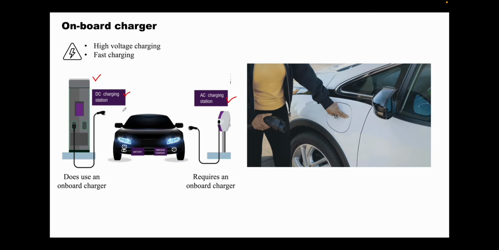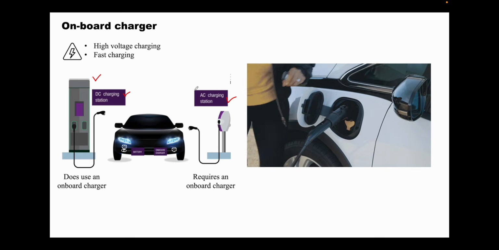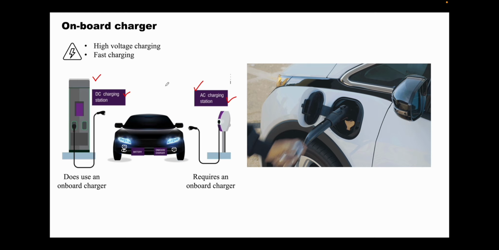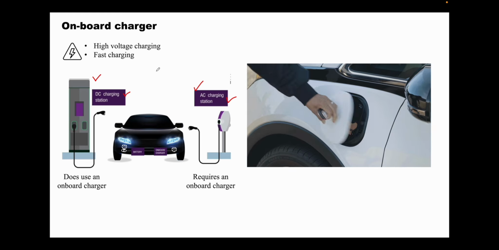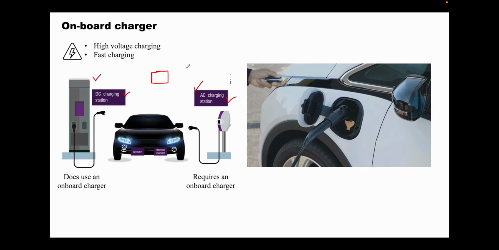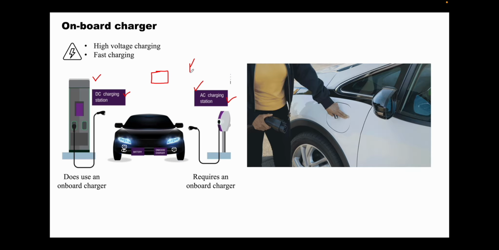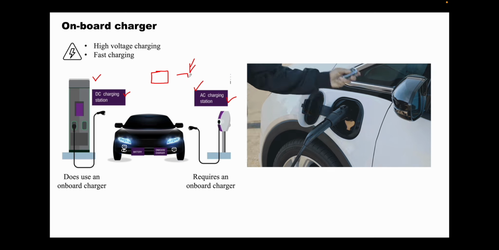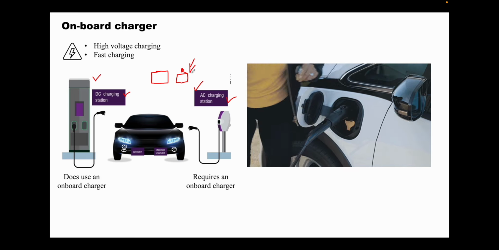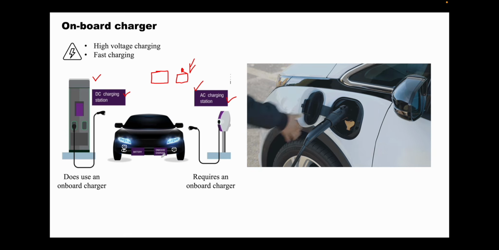Now, the second source of charging is the AC power source. When we want to charge the battery, at that moment we need DC, as we already discussed. So we are giving an AC supply, and we need to convert it to DC with the help of a rectifier. This process is done with the help of an onboard charger.